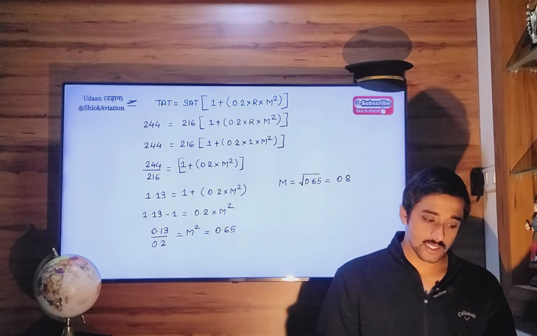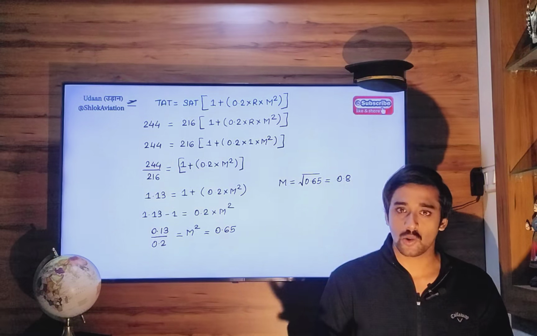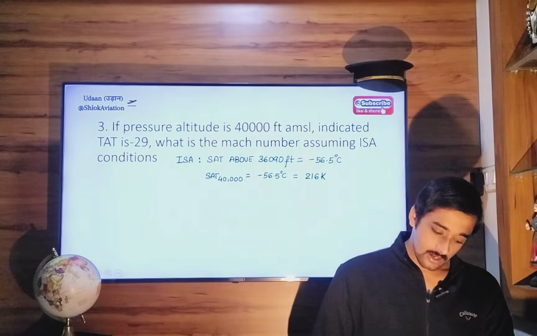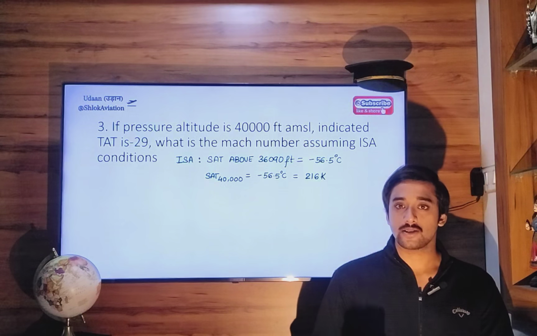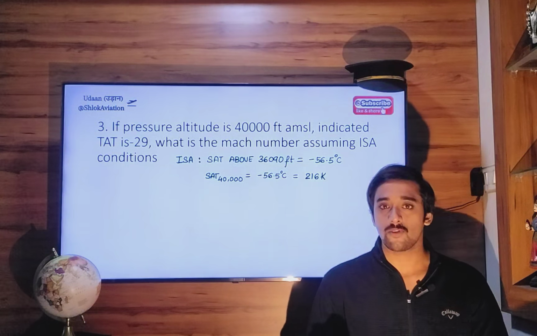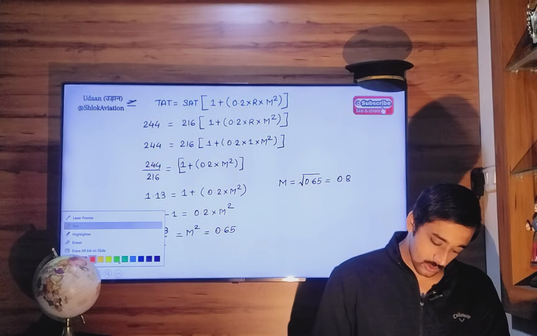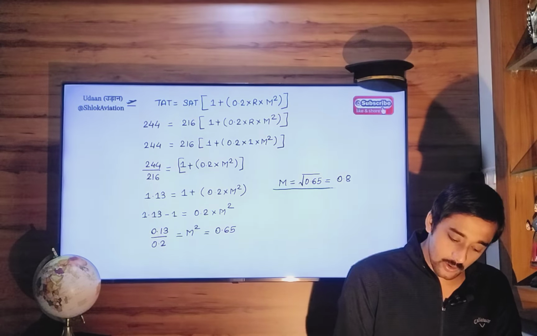Okay, so Mach number is 0.806, 0.81, whatever. So the Mach number is 0.8, 0.81. Okay, some value close near that number. So this is how you do the sum. Be careful while doing the calculation.